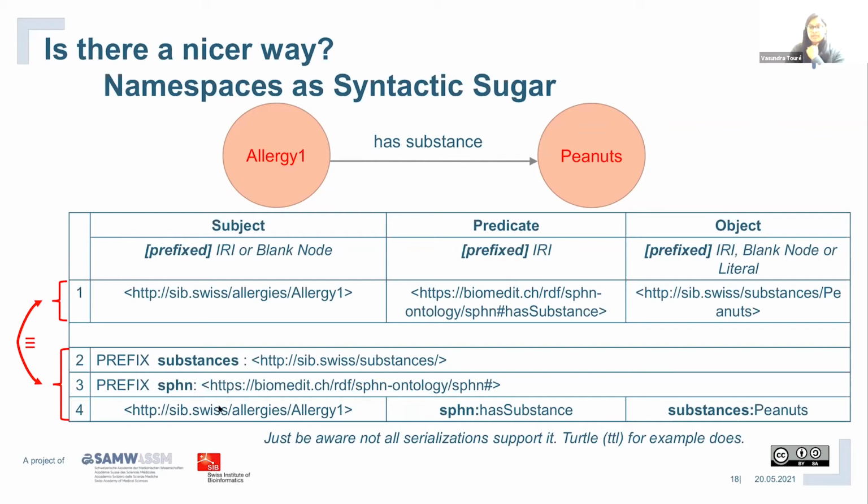I mean, if you want to mix and match, you can also just keep the IRIs for some of them. This line and this fourth line are basically the same, but represented with different sentences. So just a point, not all RDF formats support this namespacing, but Turtle, which is one of the main formats that we use in SPHN, does.